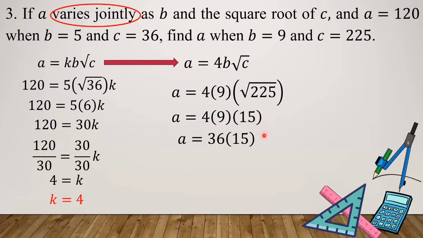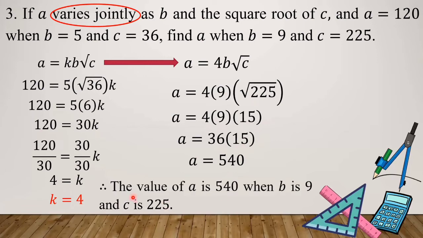Then kokopyahin lang natin yung positive 15. So 36 times 15 is equal to 540. Therefore, the value of a is 540 when b is equal to 9 and c is equal to 225.